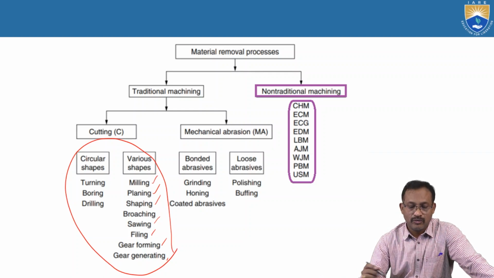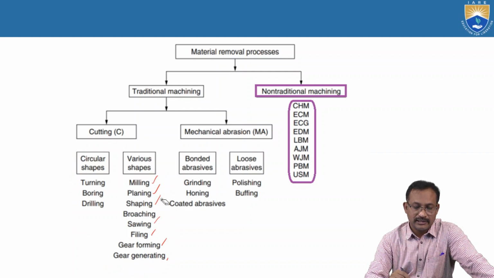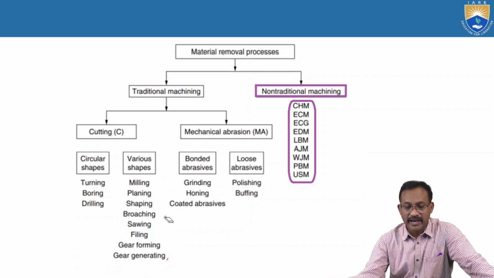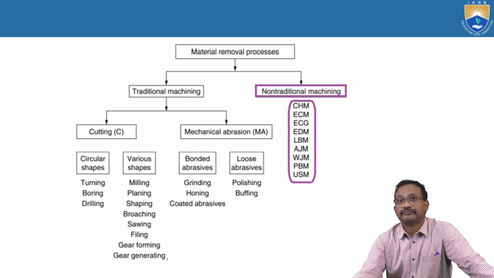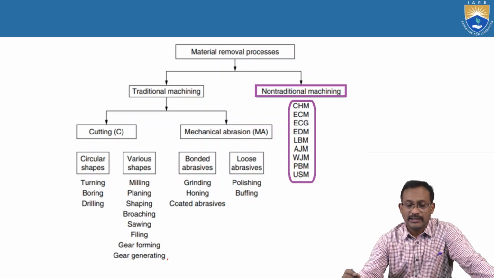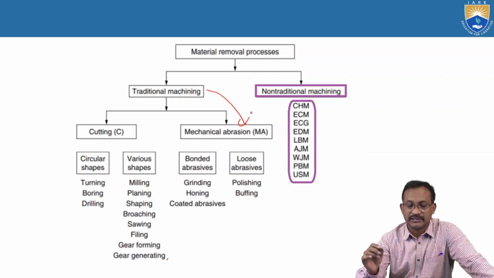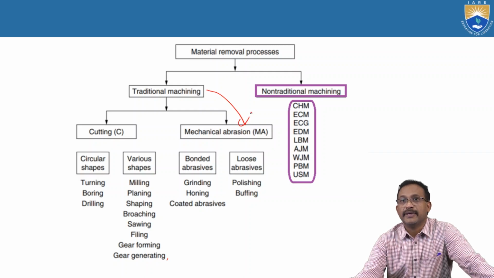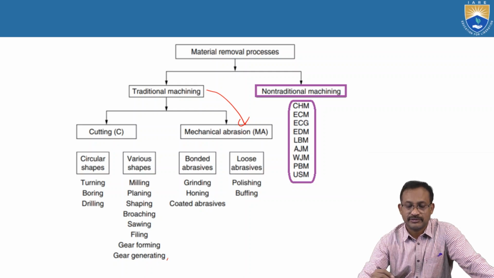Now let us see in detail. The mechanical abrasion comes under traditional process, MA, mechanical abrasion. In this there are mainly two categories. One is bonded abrasives, second one is loose abrasives.